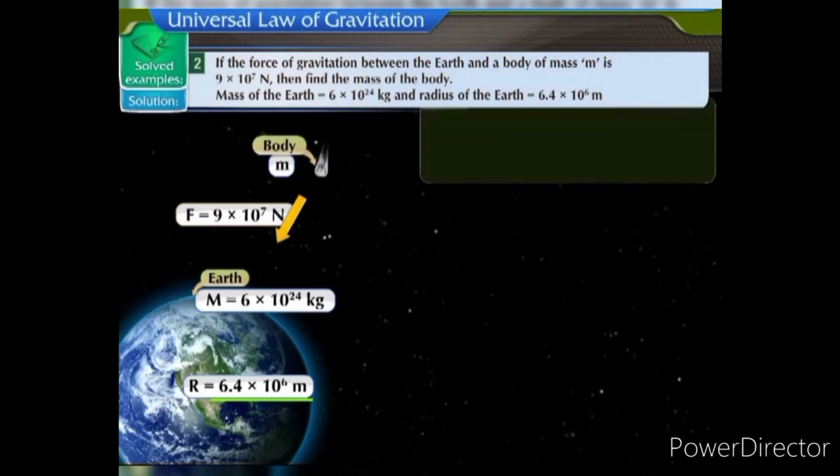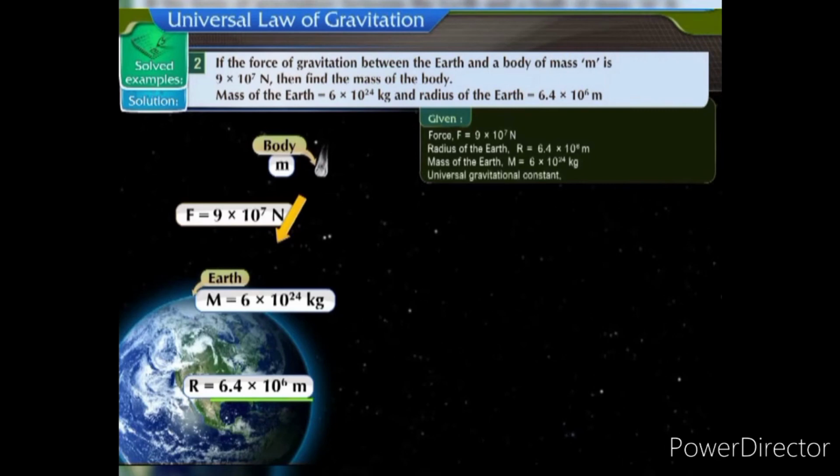First, let us write the given data. Given force F is equal to 9 into 10 raised to 7 Newton. Radius of the earth, R, is equal to 6.4 into 10 raised to 6 meter. Mass of the earth, M, is equal to 6 into 10 raised to 24 kilogram.